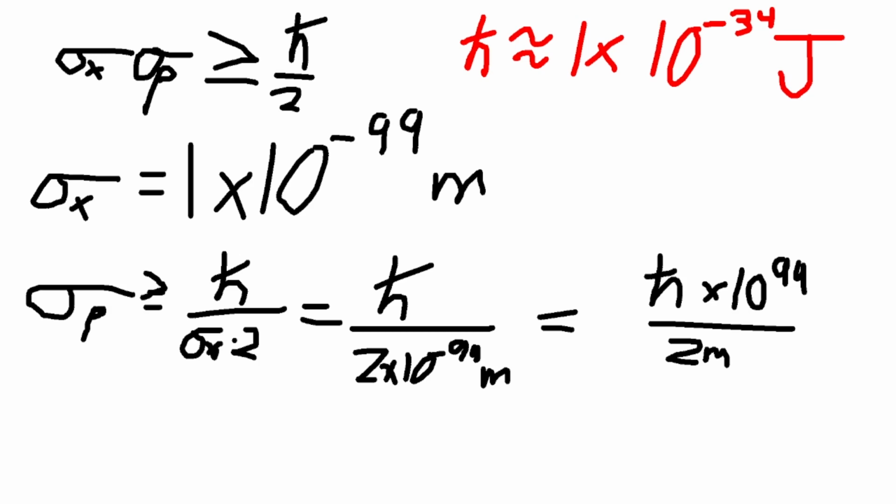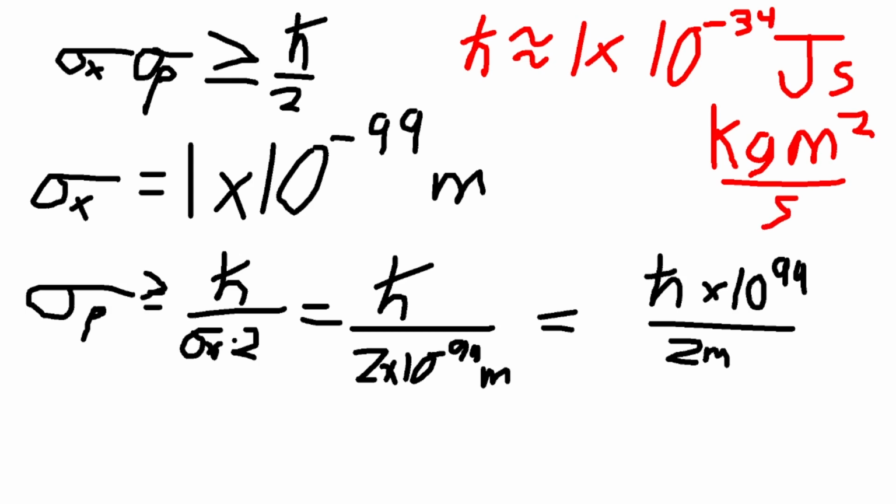And the unit is typically given in joule seconds, which isn't actually the most useful for us. Probably the most useful way to write the unit would be kilogram times meters squared divided by a second.